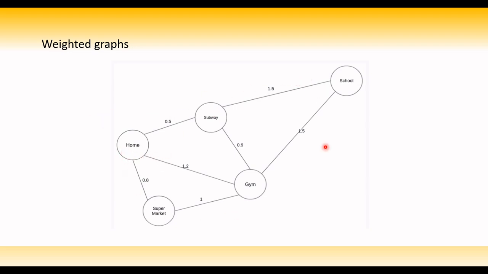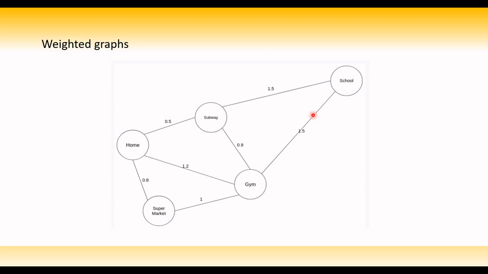But if you consider any other path, let's say this path, 1.8 plus 1.5, which is greater than 2 kilometers. And similarly, even if you go like this, or if you go through the gym and to the school, all of the nodal points are not as efficient as this one.